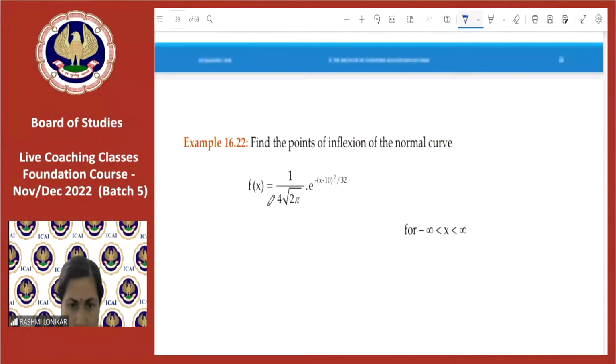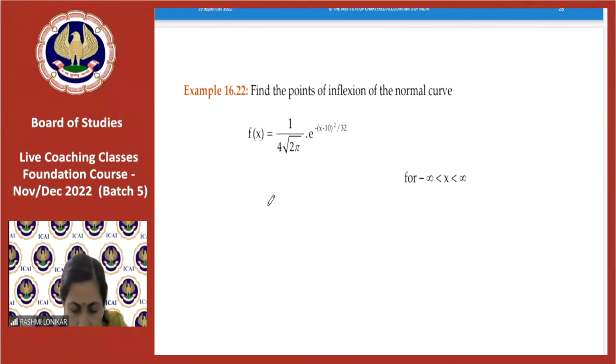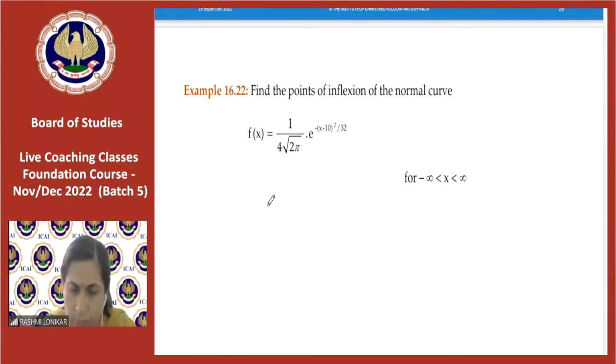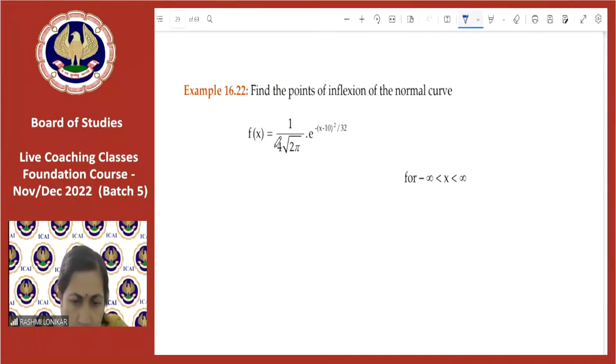Okay, now let us find out the points of inflection. Now here, what do we have?